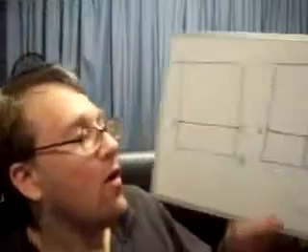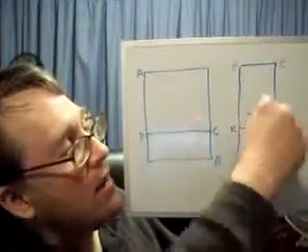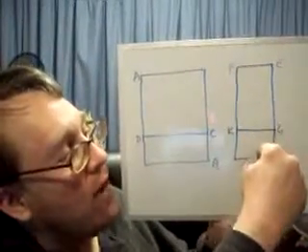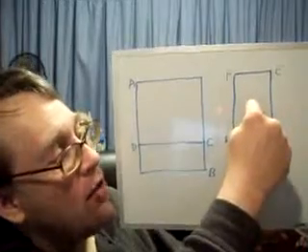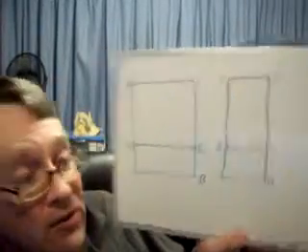Therefore, each of the rectangles FH and FG are medial. We can now say that the great big area FH and the smaller area FG, they're both medial areas.